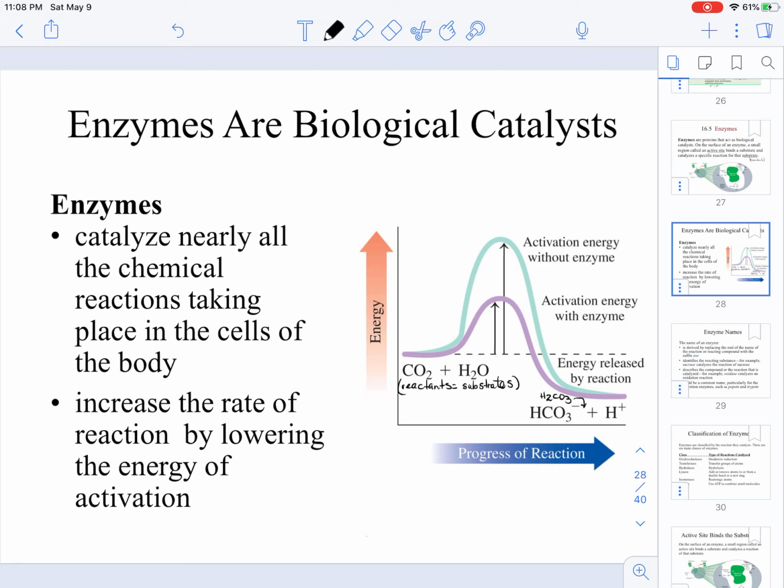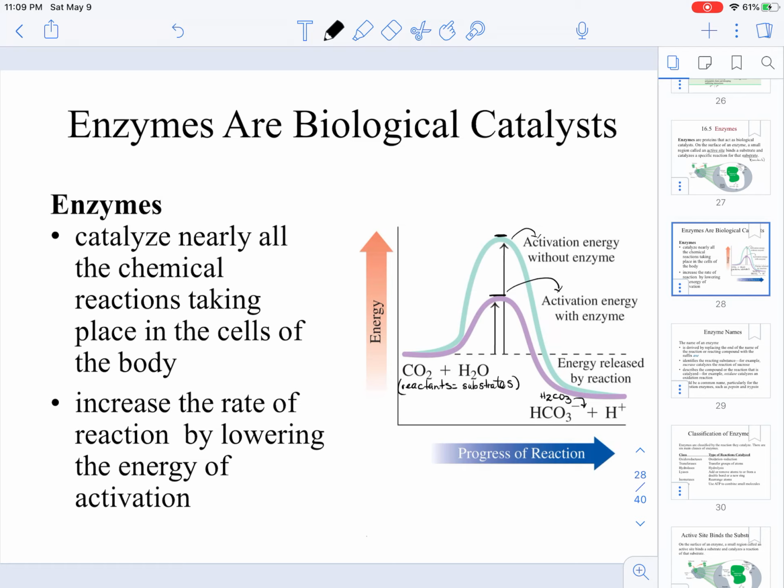So if we do this reaction without an enzyme, as you can see, the activation energy is given by the top of the hill of the blue line. When the same reaction, the combination of CO2 and water making carbonic acid, is done with an enzyme, as you can see, the top of the hill refers to the activation energy of the same reaction.